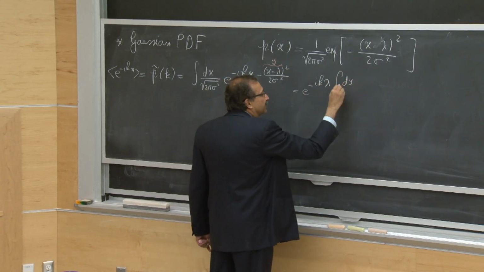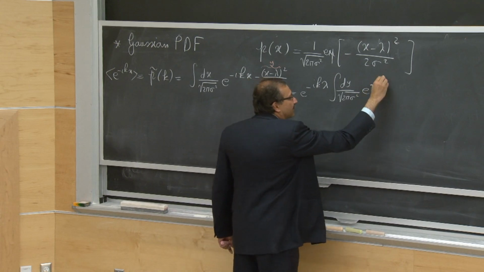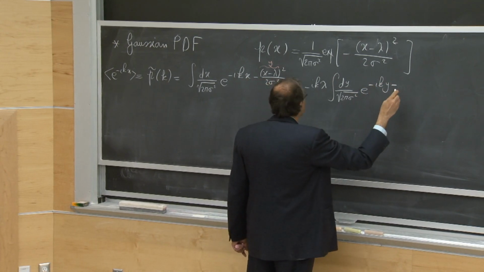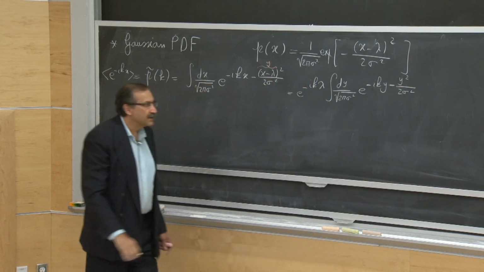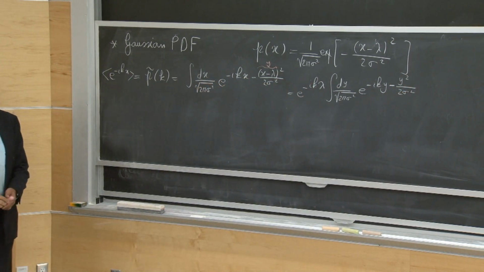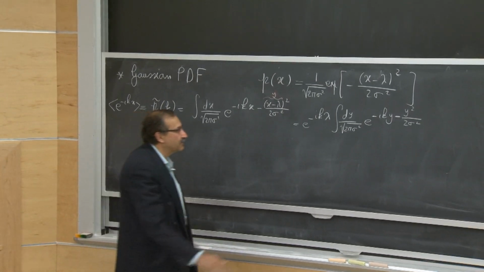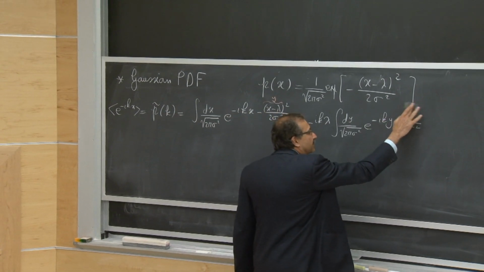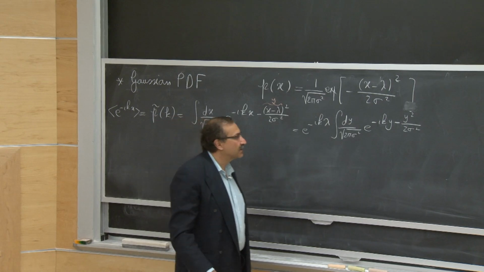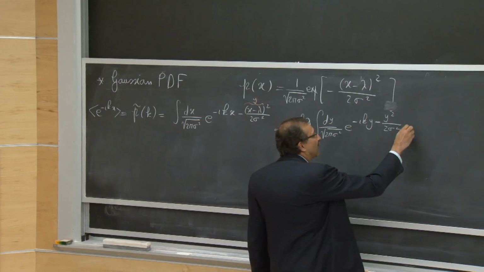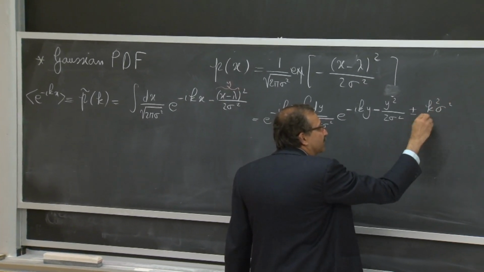You have then the integral over y of e to the minus y squared over 2 sigma squared, and then what we need to do is to complete the square over here. And we can do that essentially by adding and subtracting a minus k squared sigma squared over 2.